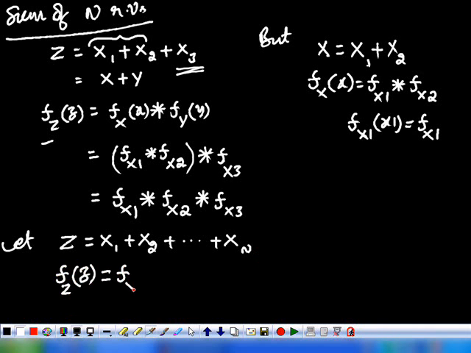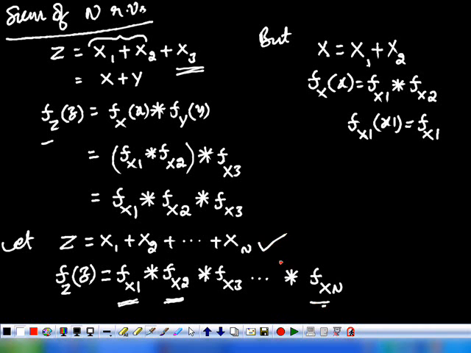This can be written as fx1 convolution with fx2, and so on, convolution with the last term fxn. Here fx1 is the density function of the random variable x1, fx2 is the density function of x2, fxn is the density function of xn, and the density function of z, which is x1 plus x2 plus so on up to xn, is given by the convolution of the density functions of these random variables.